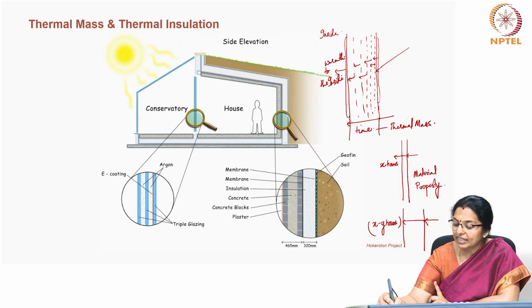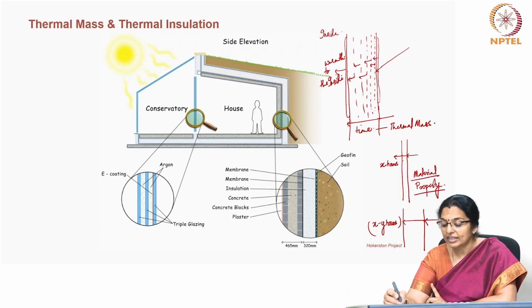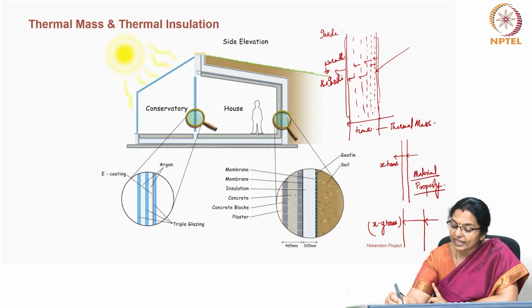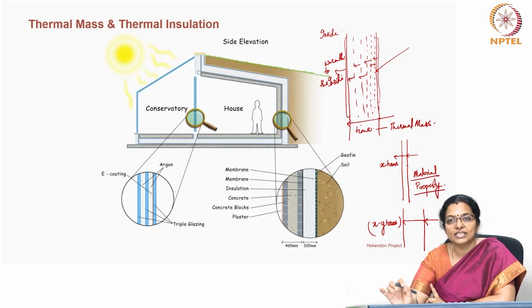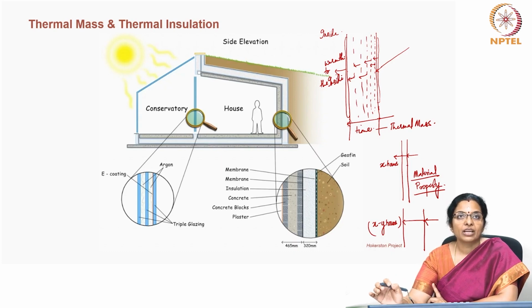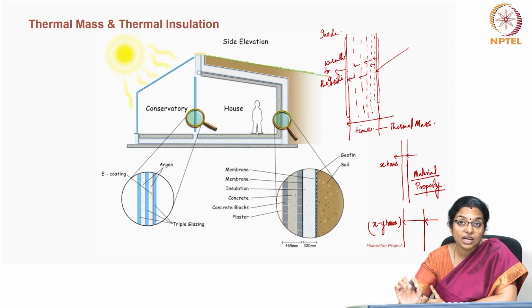It is the material property which enables the heat to get transferred from one end to another within a specific duration. Building physicists can actually predict how much time it takes for the indoors to start getting warmed up.